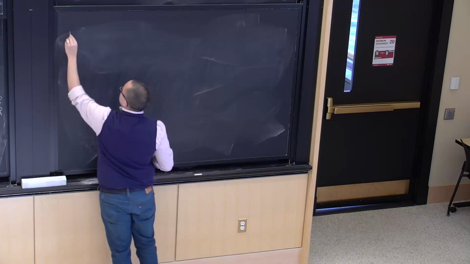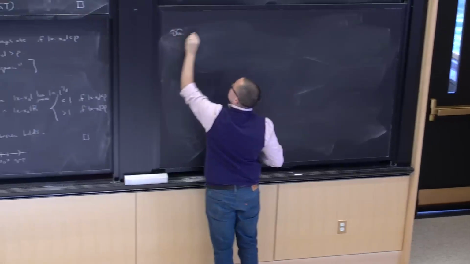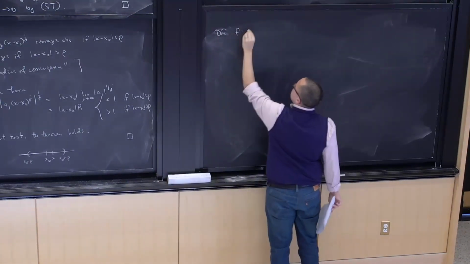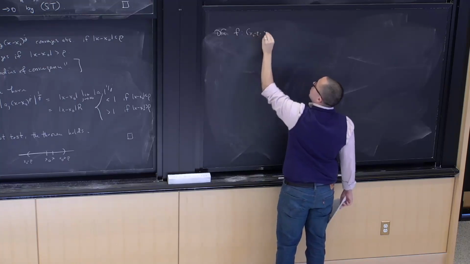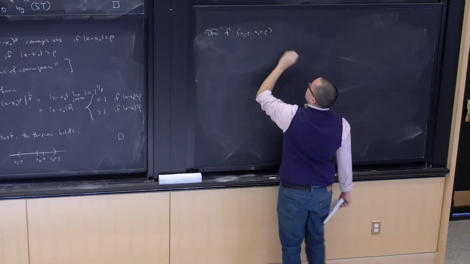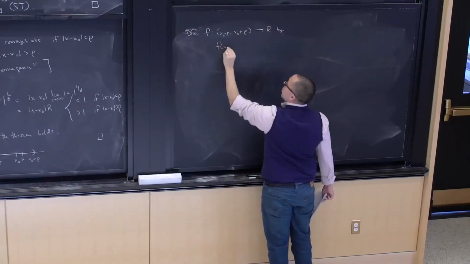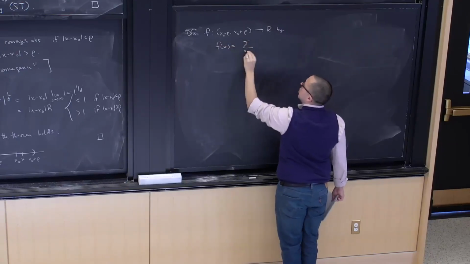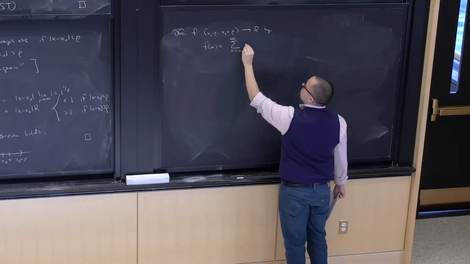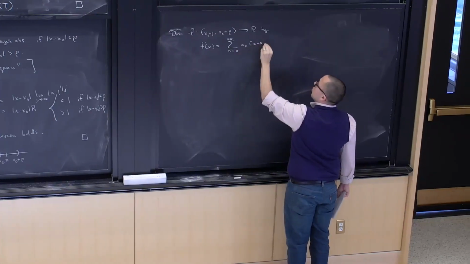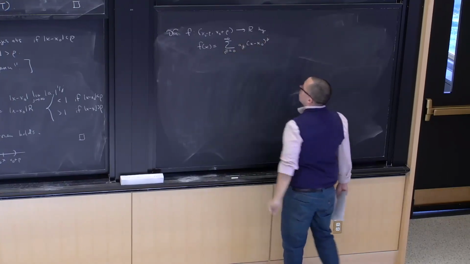Define a function f going from this interval, x naught minus rho to x naught plus rho, to R, by f of x equals the number that gets spat out by this power series.